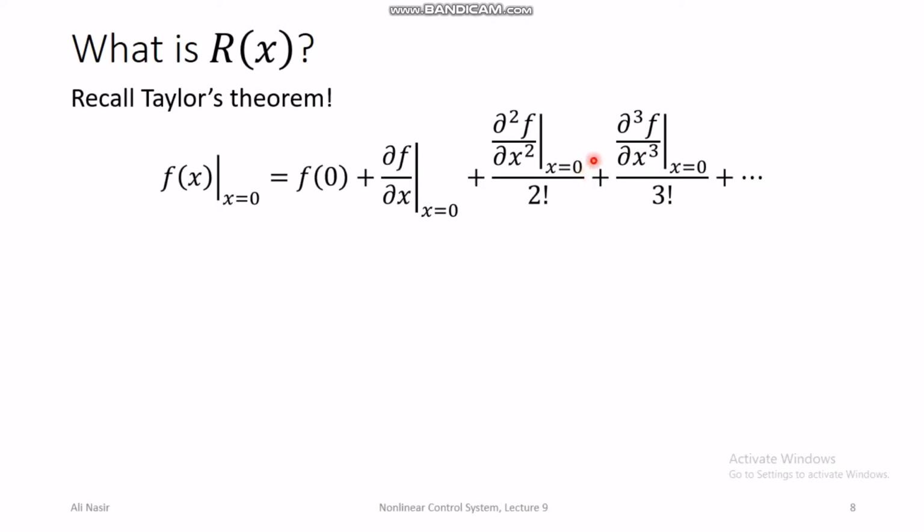I have missed those in my slides, but there is an x square here, and an x cube with this term, and so on. Since for our purposes 0 is the equilibrium point of the system, f of 0 is 0, and this term will go away. And we all know that partial f by partial x at x equal to 0 is equal to A, and there is an x which I have missed here. So f of x will be A times x plus this remainder which depends upon x square and x cube and so on.